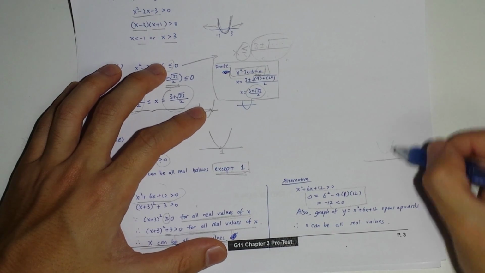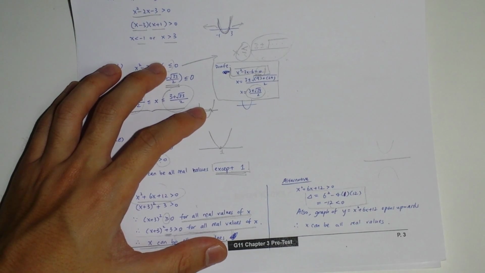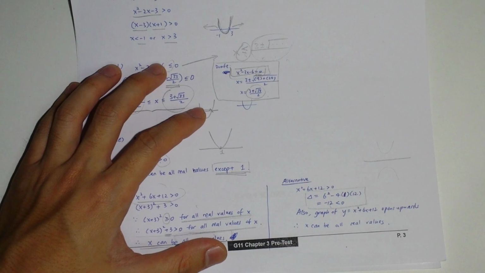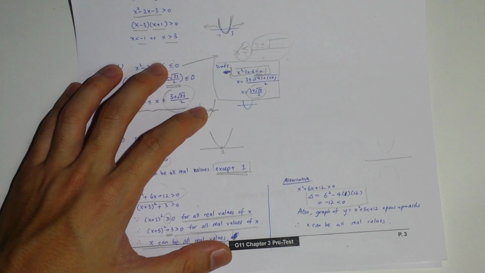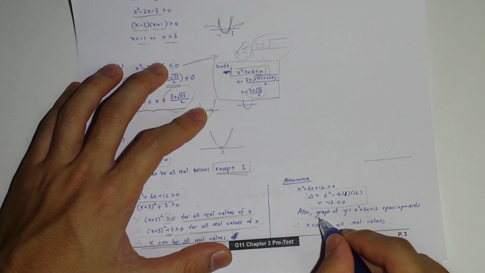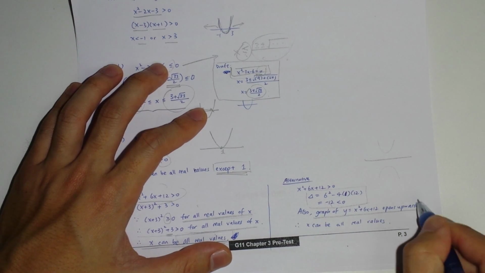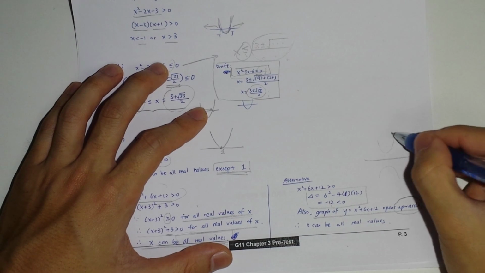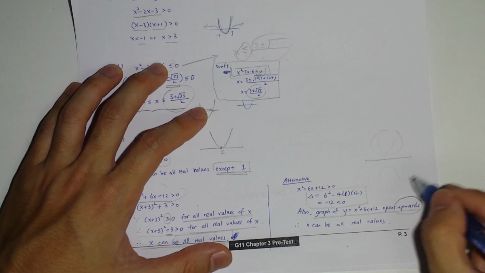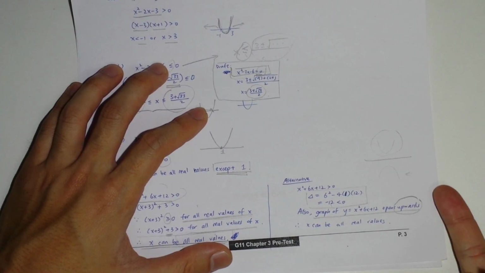The graph can be this, can be this. Both of them do not touch the x-axis, but the conclusion may be different. So, in your answer, you have to state clearly the graph is opening upwards, so that you can claim it's all real values. If it opens downwards, you can't say all real values, obviously.